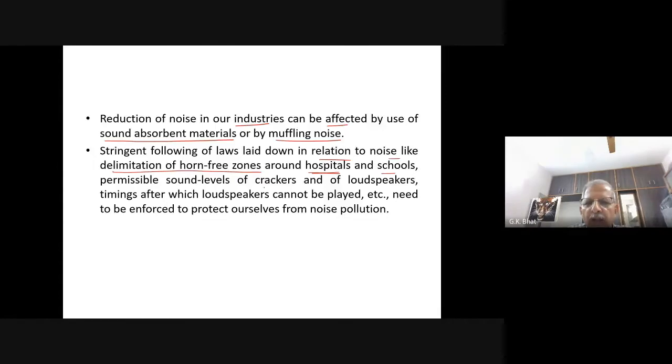Permissible sound levels of crackers and loudspeakers: this is another thing. Loudspeakers create so much problem. The temples, the churches, the masjids, why should they use loudspeakers? What is the need?